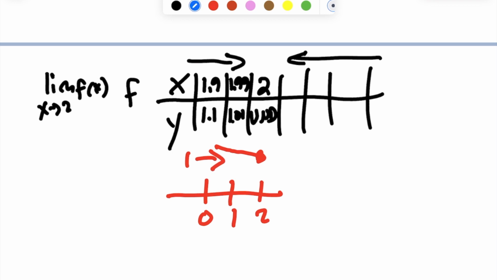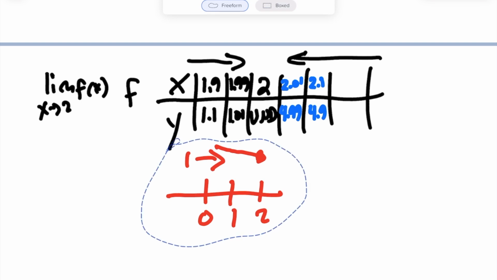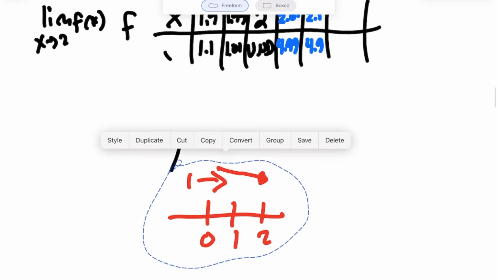Well, what if our right side did something different? What if really close, at 2.01, and a little farther away, 2.1, maybe here we're at 4.9, and then at 2.01, on the very close right side of 2, we're at 4.99. I didn't do a very good job drawing this because I don't have room, so let's use some technology and scoot that down.